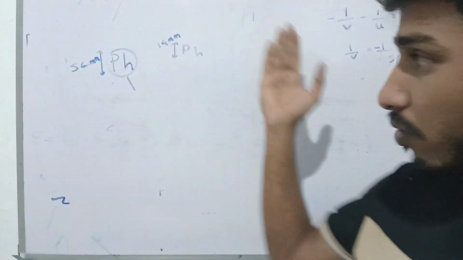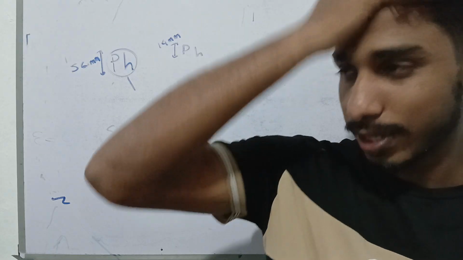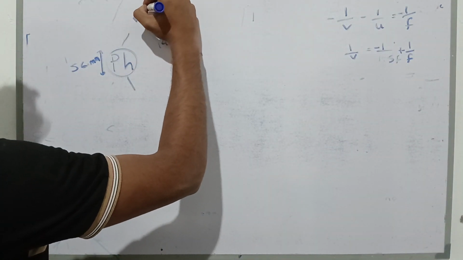You can see it has been zoomed by a large amount. 14 millimeter height was zoomed to 56 millimeter. The focal length of the convex lens is 16 millimeter.